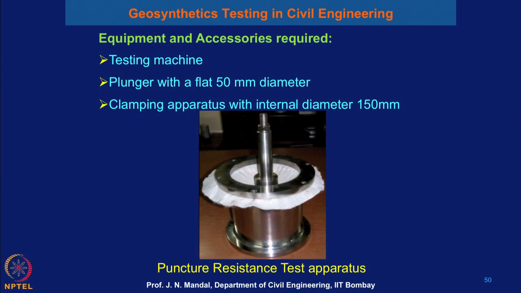You need the testing machine and plunger with a flat of 50 millimeter diameter, you can see here, and clamping apparatus with internal diameter of 150 millimeter. So, this is the puncture resistance test apparatus, and all the apparatus have been indigenously developed in IIT Bombay.